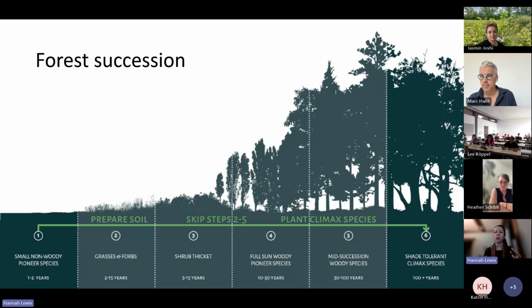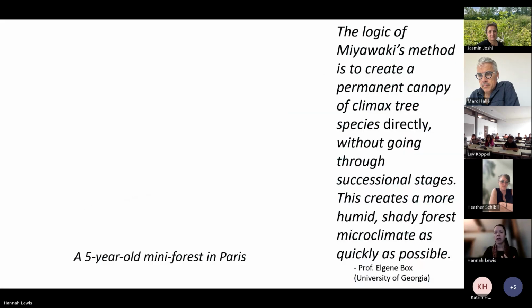All of those earlier species that needed light to grow can't grow there anymore except along the edges. And so now you have a self-perpetuating climax forest community that can remain in that spot for centuries or even millennia in the absence of a disturbance.